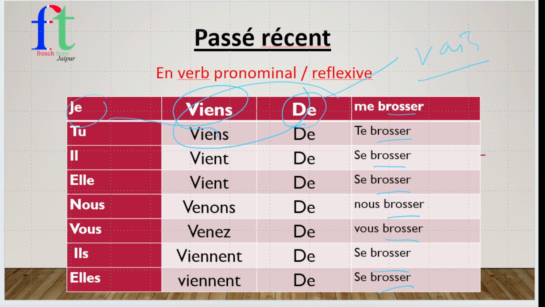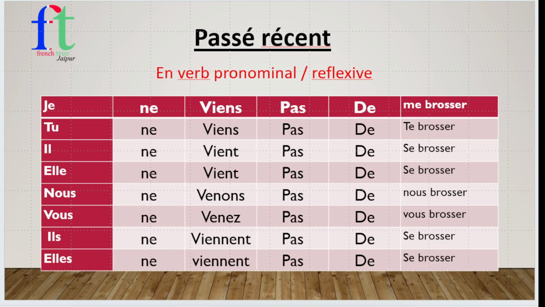What will be the negative of this sentence? Very good. Je ne viens pas de me reposer. Right? So this is the formation for negative: ne before venir and pas after.